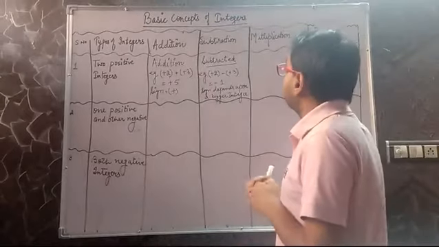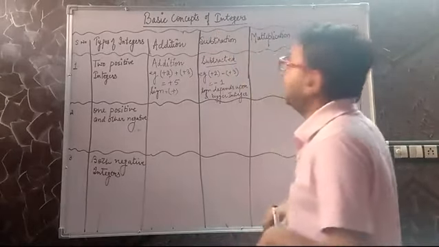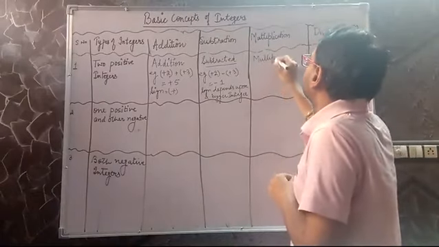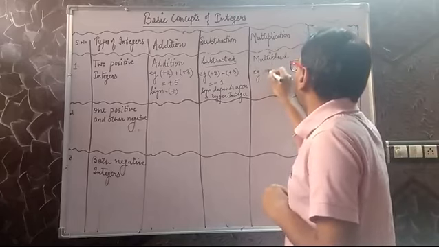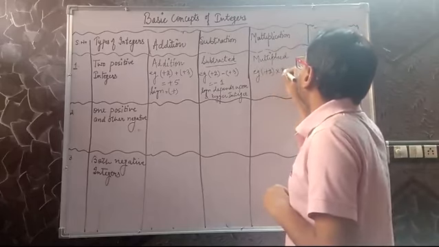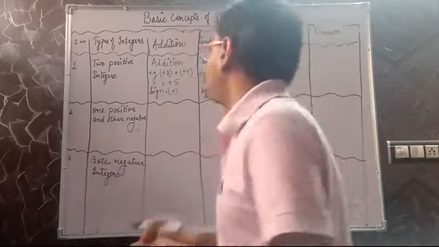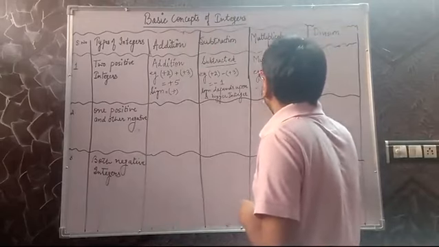Next, if multiplication is there, what do we have to do? Obviously they will be multiplied, not a problem. For example, plus 2 multiplied by plus 3. 2 into 3 is 6, and the sign will always be positive.